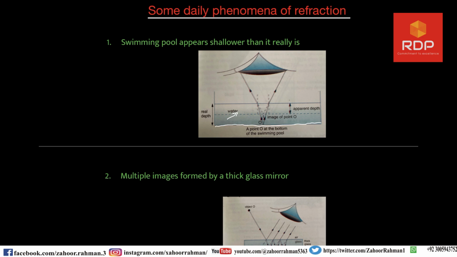So when the light is going from this, you know that it will move away from the normal, and in this case one line will go in this way. If I show you the figure clearly, then you will see it here. This dash line is showing it.